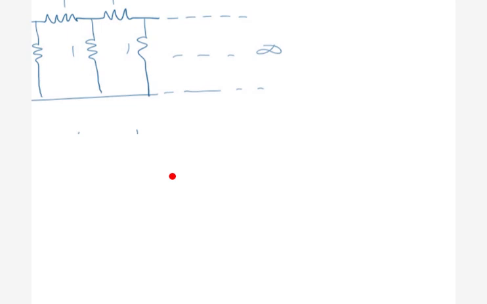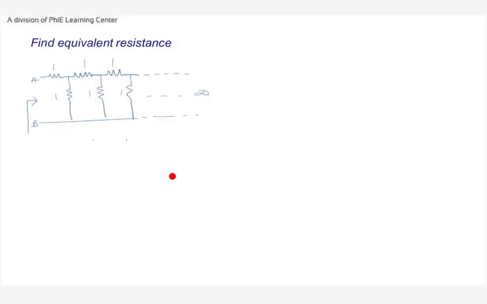You all know infinity plus 1 is also infinity, or infinity minus 1 is also infinity. So we'll make use of this. I'll add the same network, one more branch of the ladder. If I call this RAB, and add one more branch, that doesn't change it. It will again be RAB.